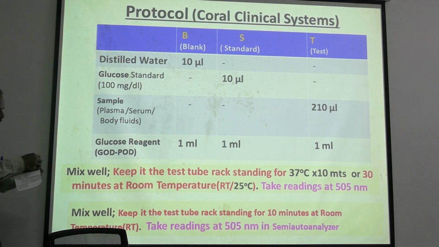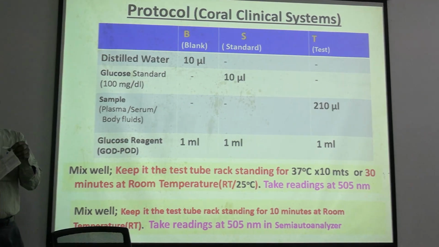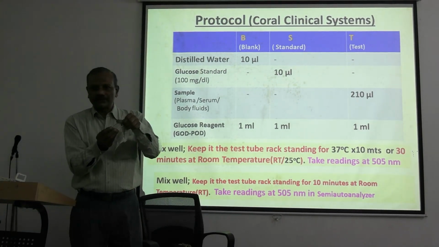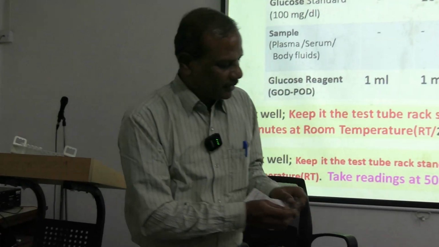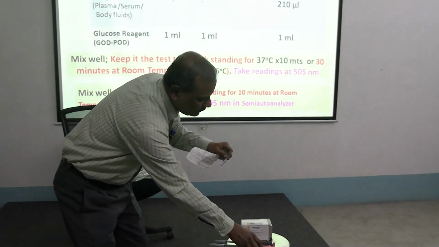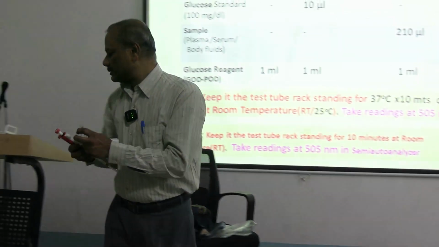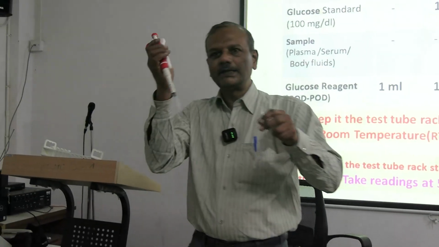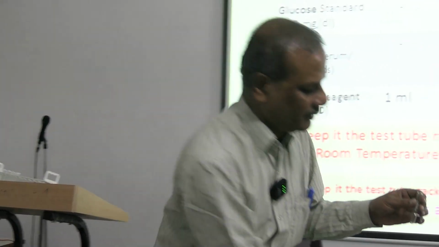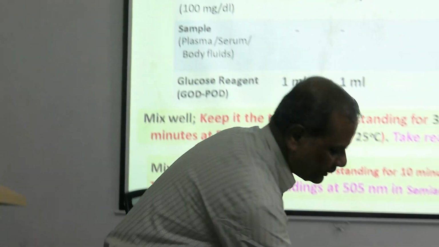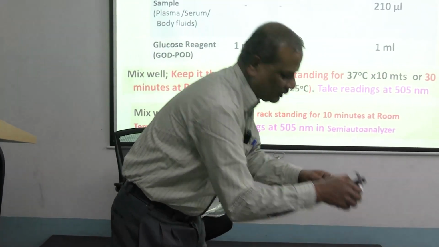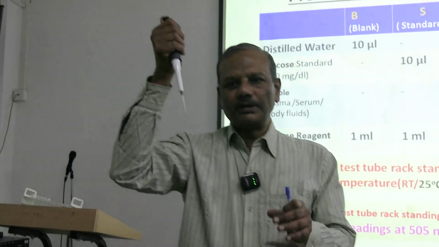Then, whether you take 10 microliter first or add 10 microliter later, you have to use this test tube. Here the technical expertise is required. Now you take the test tube and suck the material properly.